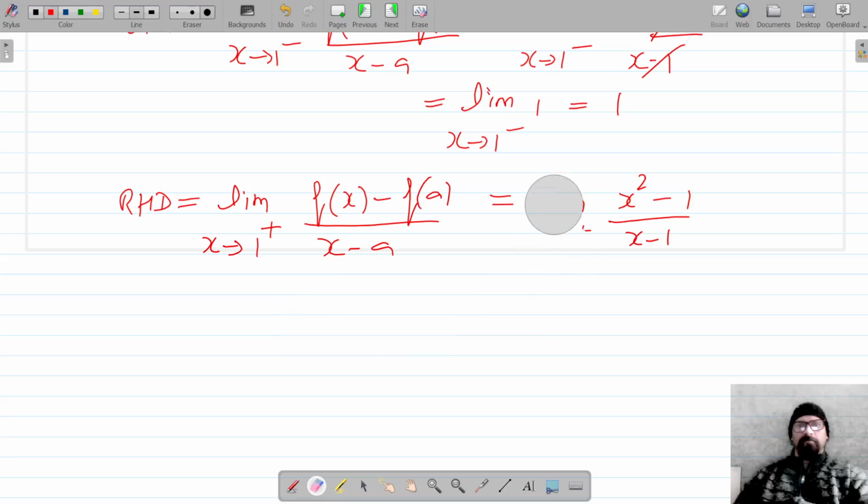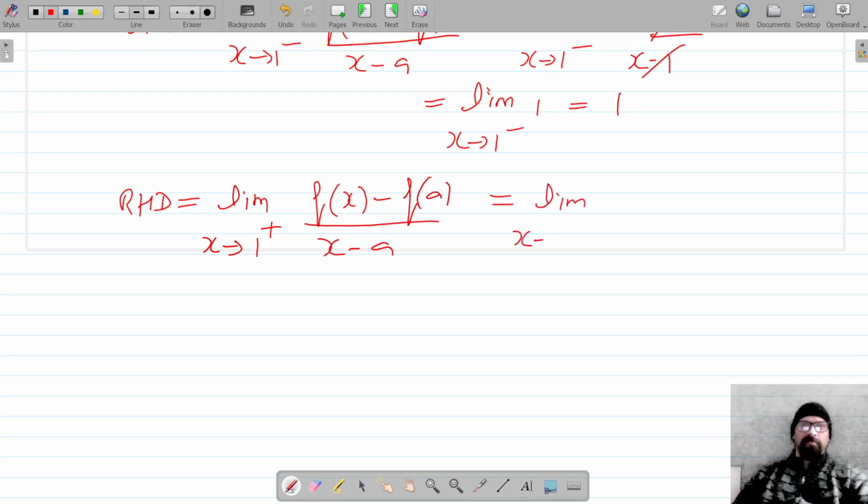So to help you understand better, I can write it as limit x tends to 1 plus of f of x minus f of 1 upon x minus 1.